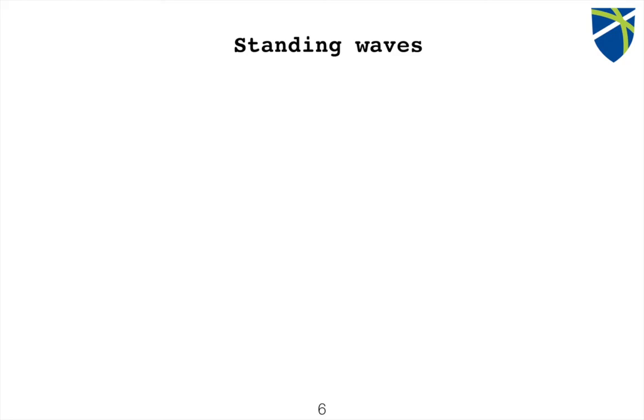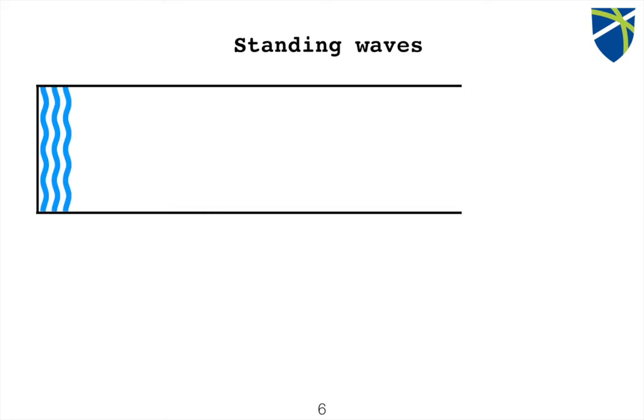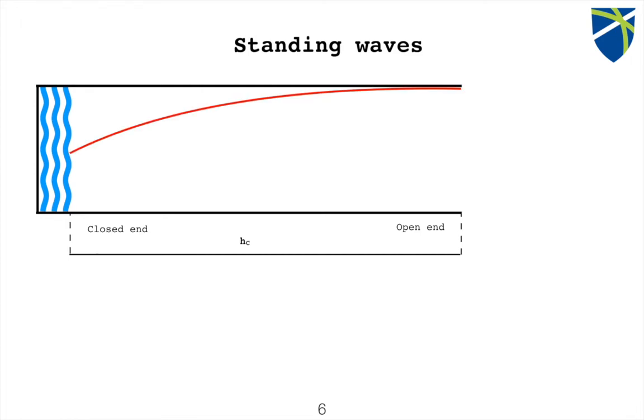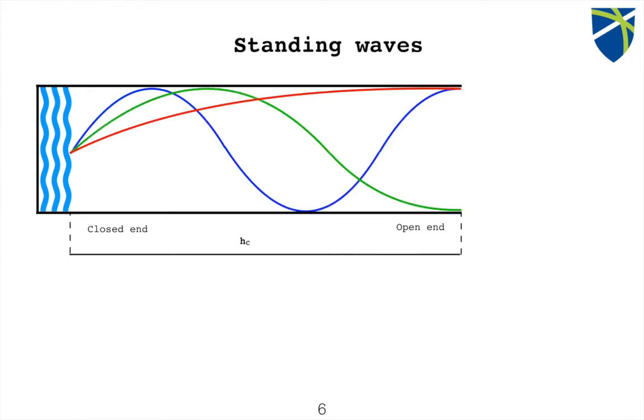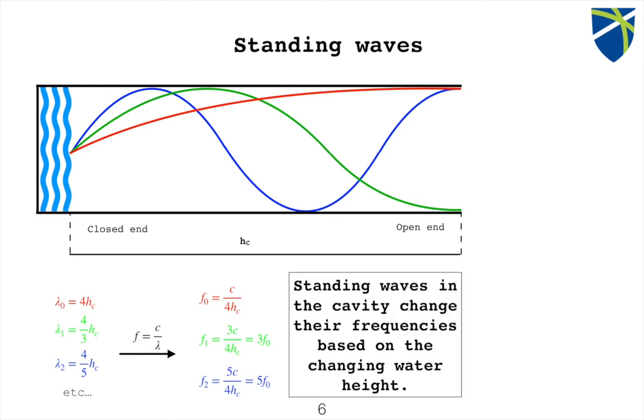So to understand the phenomenon, we first have to talk about standing waves. Standing waves occur in this container, which I have flipped to the side for demonstration purposes, with a closed and an open end. In this cavity height, we have a ground frequency and different harmonics, and the wavelength of these standing waves is of course related to the cavity height, and with the speed of sound, we can calculate the frequencies that these standing waves oscillate at.